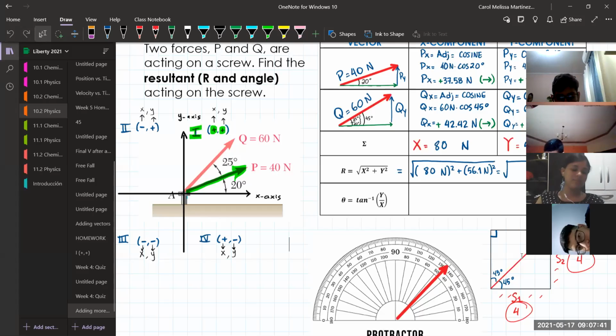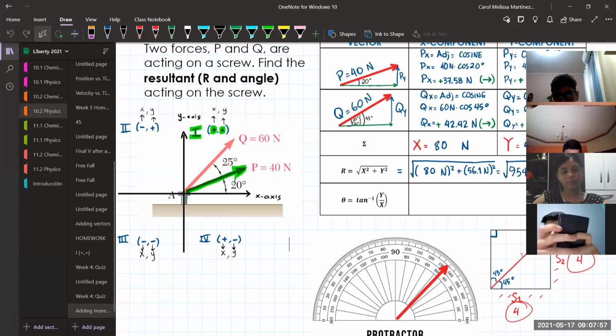In the resultant, how much do you get? 80 to the second power plus 56.1 to the second power. How much does it give you? 9,547.21. Now when you get the square root of this, it gives you how much? 97.7.